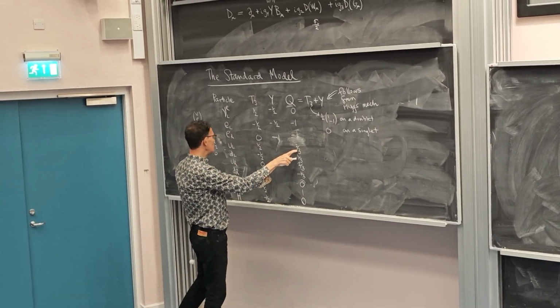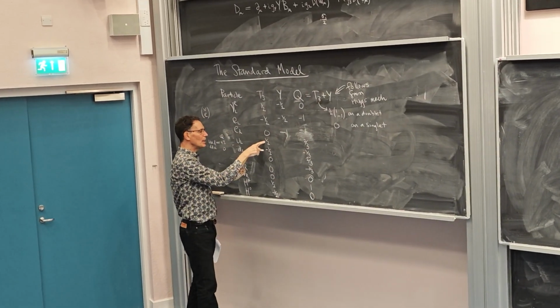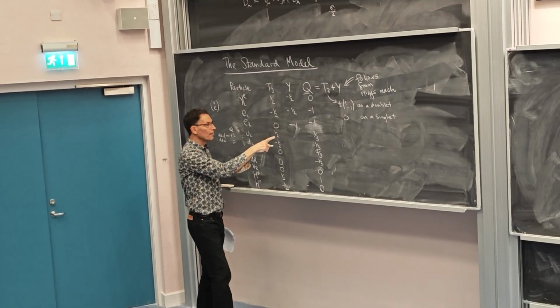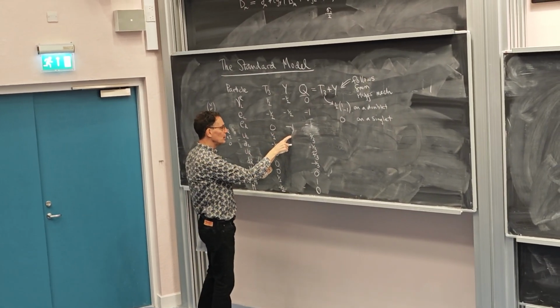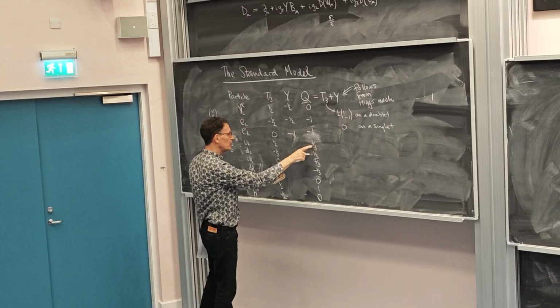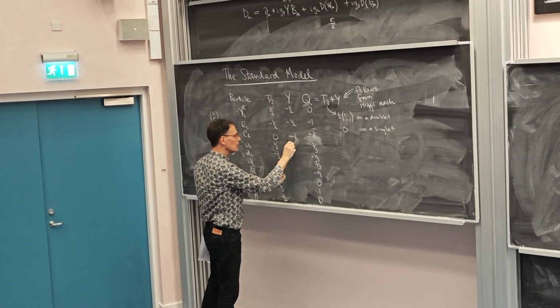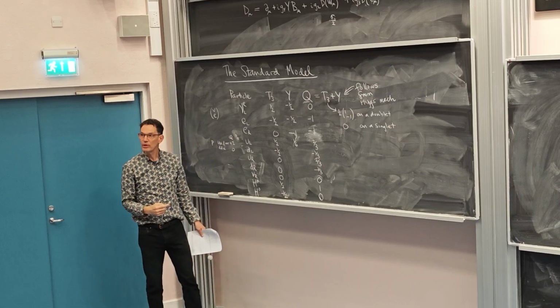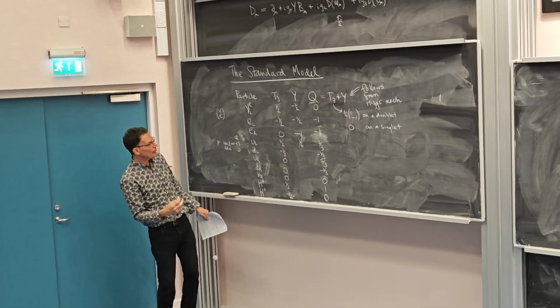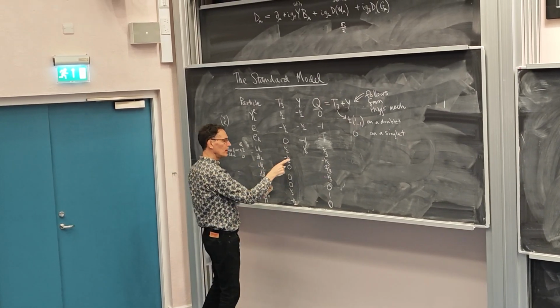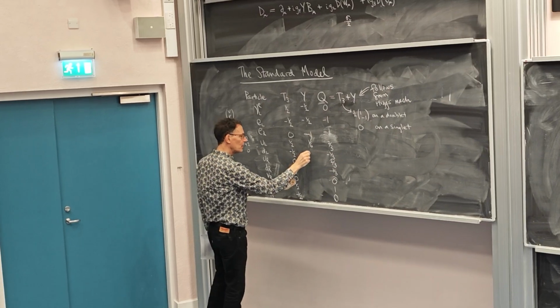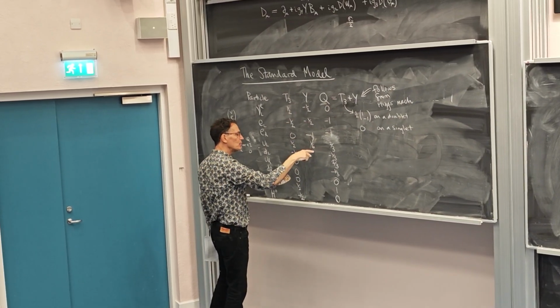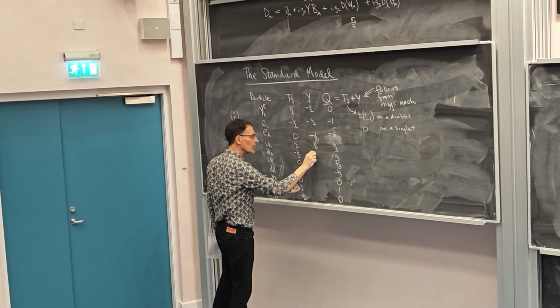Now, if I know its charge is 2/3, it's in a doublet, it's the upper component. What does this have to be? Well, in order to get 2/3, I need to add a sixth. Okay, so hypercharge is a sixth for the left-handed up quark. Same argument here: the hypercharge has to be the same in the upper and the lower components.